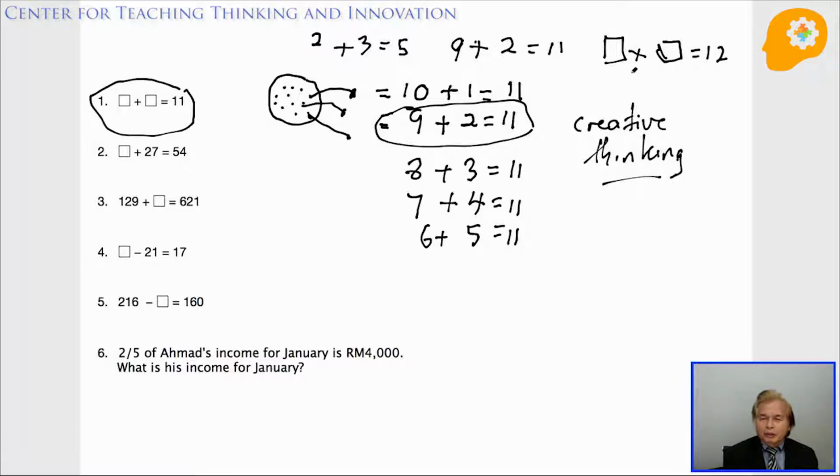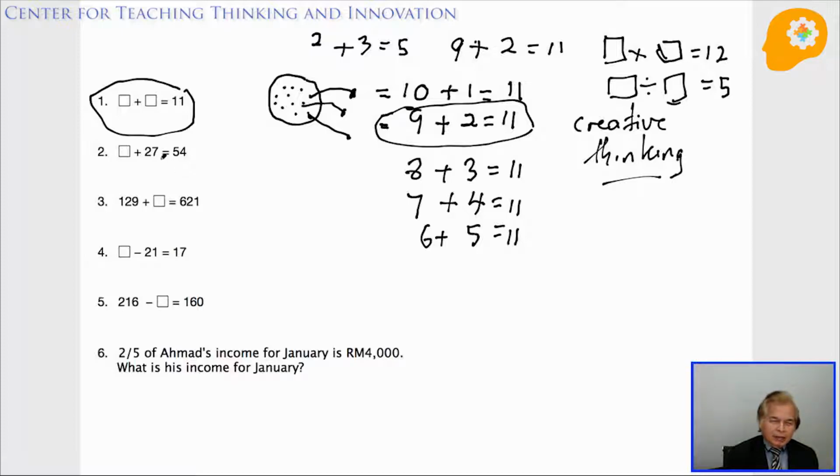Several ways of getting what times what equals 12. This kind of question will also develop creative thinking. Or what divided by what equals 5, for example. This might be suitable for primary 2 and 3, where they learn about multiplication and division, right?